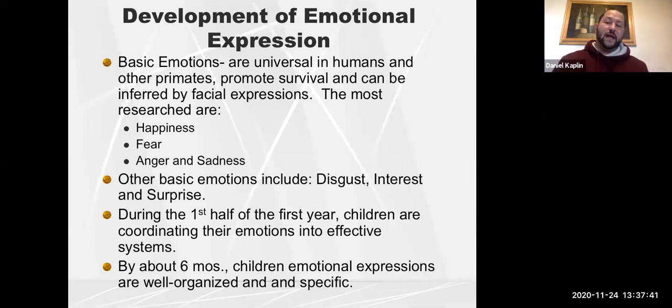During the first half of the first year, children don't know how to express emotions fully effectively, so they're trying to learn how to coordinate their emotions in a meaningful way. But by about 6 months, you will see children's emotional expression is pretty well organized and specific. That highlights the nativist perspective, or the biological hardwiring for certain emotions, because the basic emotions are necessary for survival.